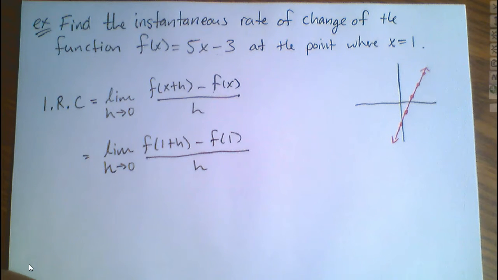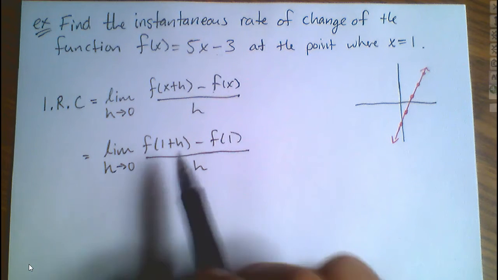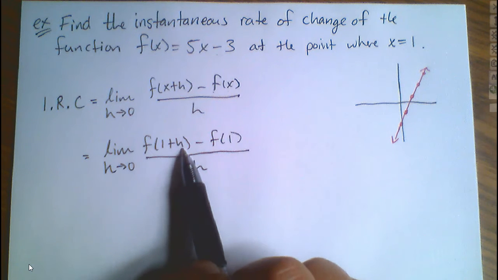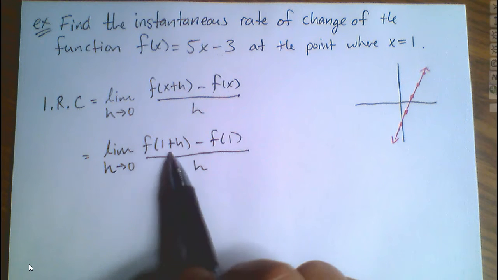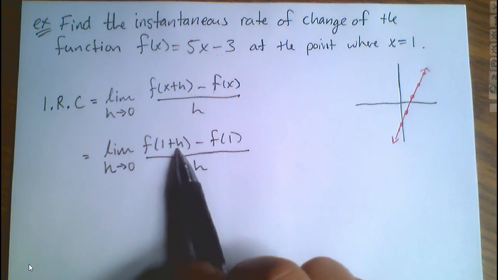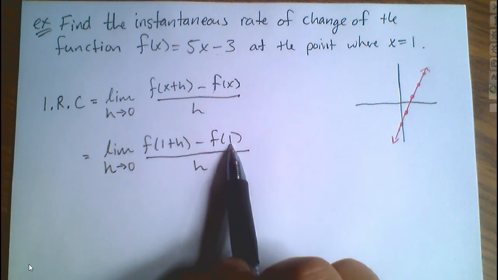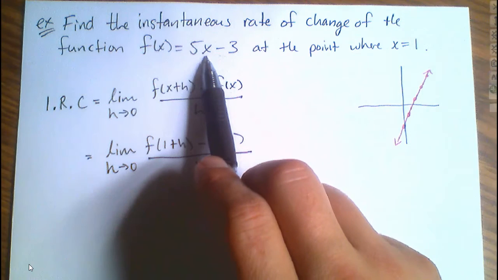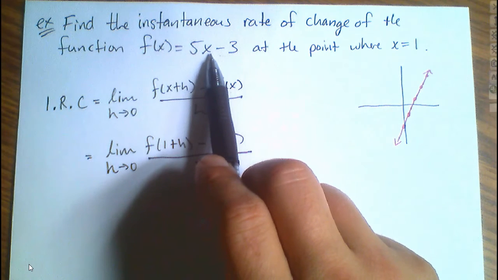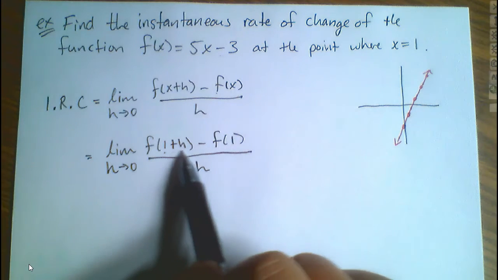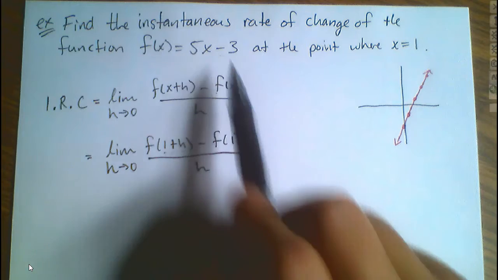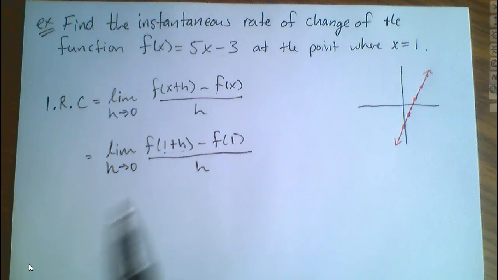All right. Now the next step is to figure out what this f of 1 plus h is and this f of 1. So recall that anytime we have f of something, either it be 1 plus h or just 1, we just plug those values into our function for x, right? So we're just going to replace this x with 1 plus h for this evaluation and 1 for this evaluation.